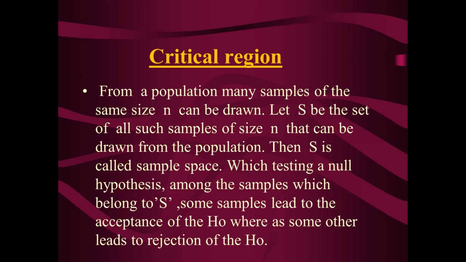Let S be the set of values of the test statistic for all such samples of size n that can be drawn from the population. Then S is called the sample space. While testing a null hypothesis, among the samples which belong to S, some samples lead to the acceptance of H0, whereas some others lead to the rejection of H0.